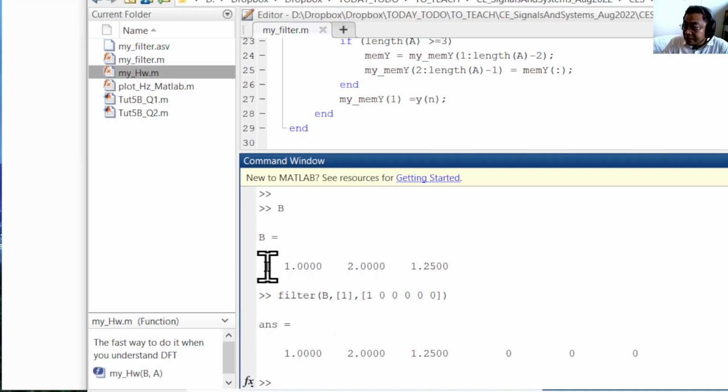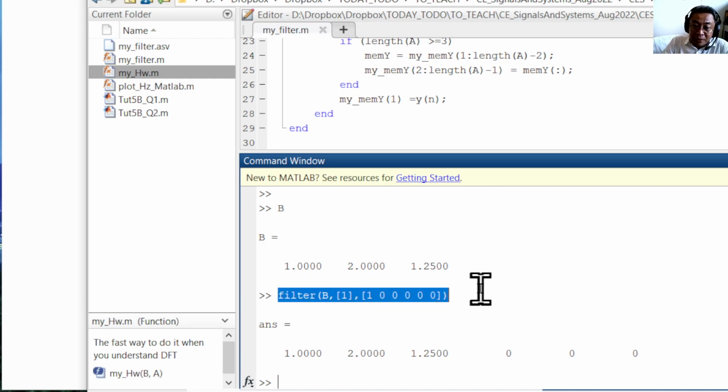B is given here, the coefficients 1, 2, and 1.25. This is the coefficients of the impulse response. A is set to 1 here, and x is the impulse, where at time n equals 0, or in this case n equals 1 because MATLAB starts from index 1, the value is 1, and the rest of the values are 0.